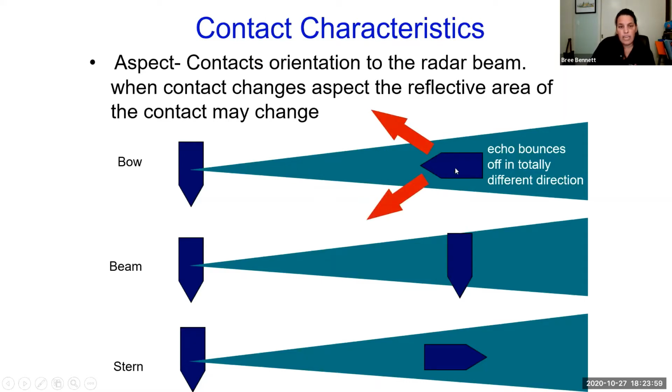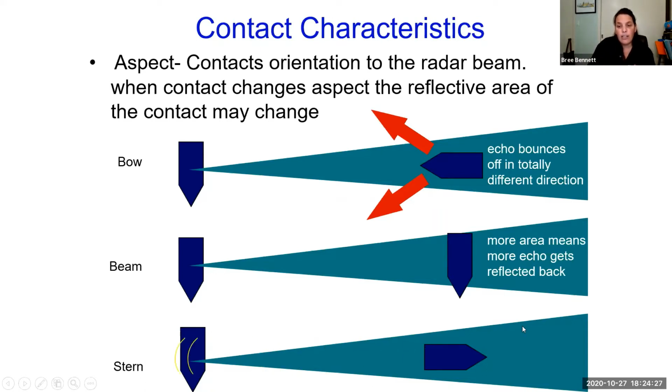So if we have aspect, this is you, and their bow is facing us, some of those returns can be deflected to the side or other ways. So the one that we get directly back to us could be a very weak signal. If we get a return right on the beam, that's going to be our strongest reflection back at us.